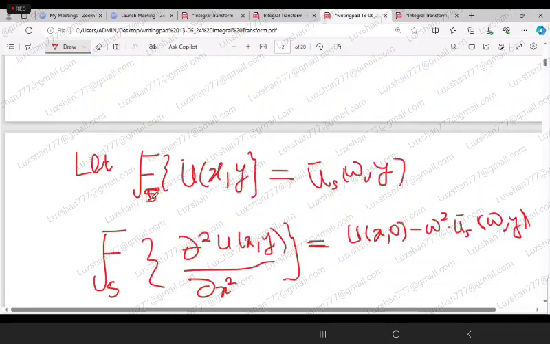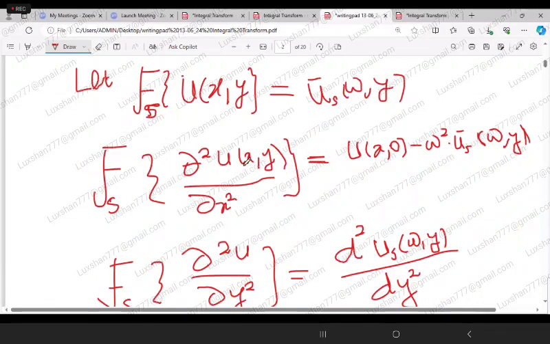And the corresponding one, if the derivative is with respect to y, is the equivalent. Similarly, here we are trying it for the Fourier sine transform, the second derivative. Here we are not talking about the nth derivative. It is enough to consider only the second derivative, though you can write it for the nth derivative.